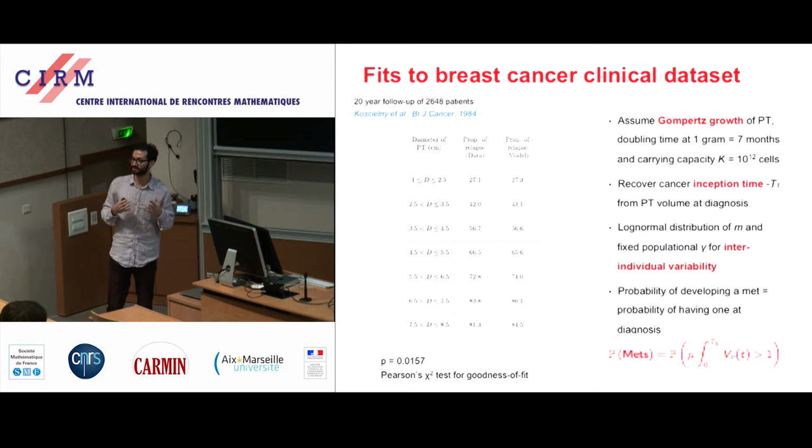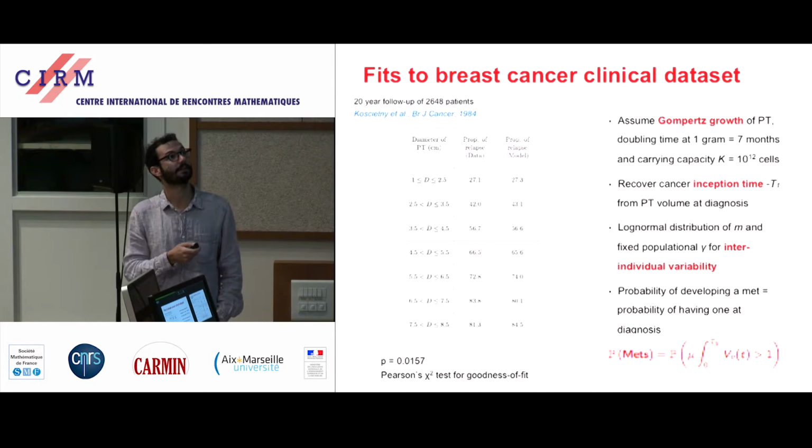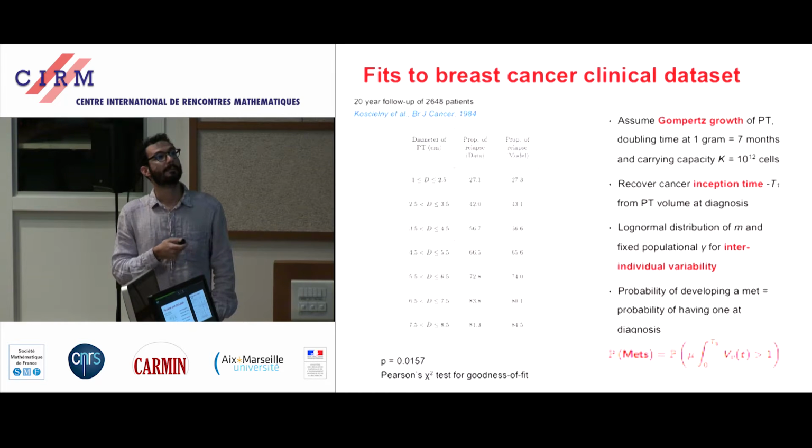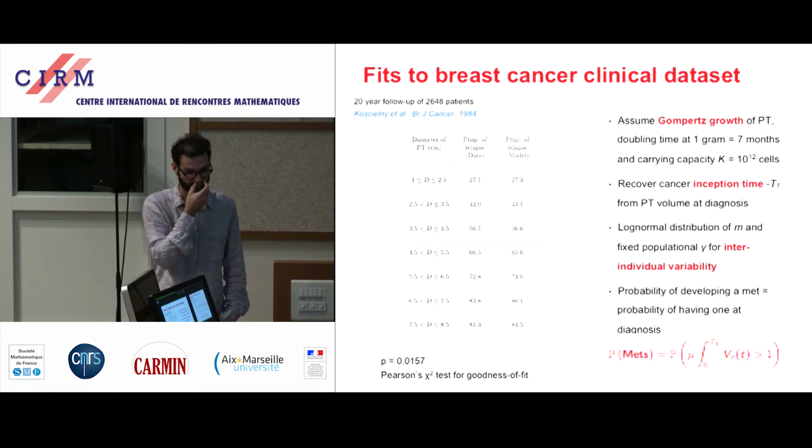They did not receive any adjuvant therapy. It was a long time ago, and they were followed in time for 20 years, and then stratified by the primary tumor size, which is quantified here by the diameter. The investigators reported the proportion of patients that did develop metastatic disease during the next 20 years.